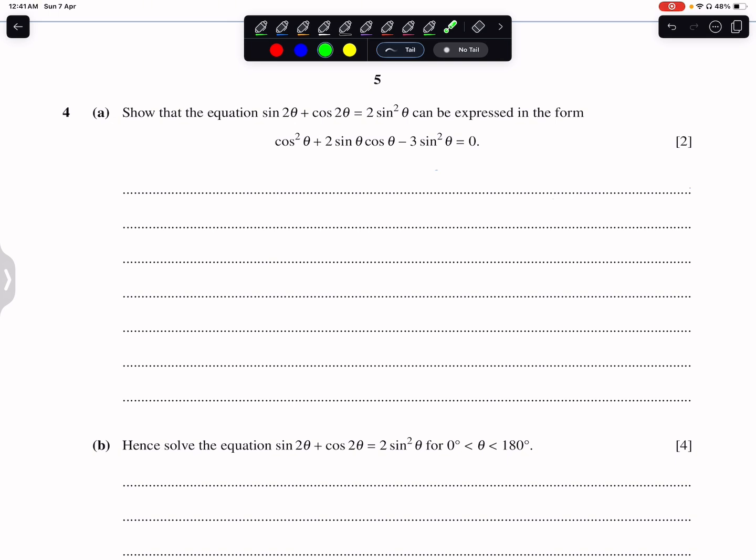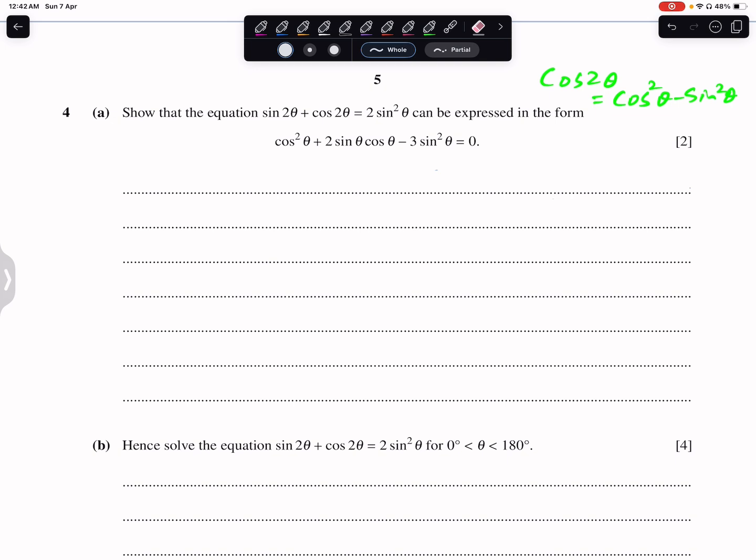and now you will open the formula for cos 2 theta. So cos 2 theta is equal to cos square theta minus sine square theta.